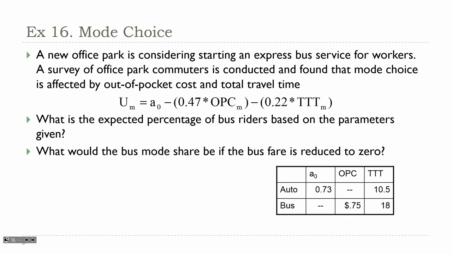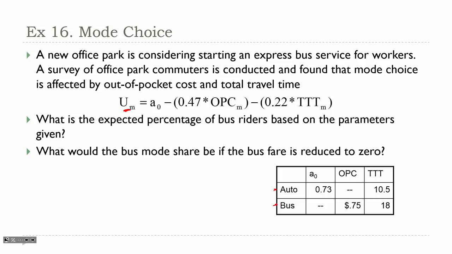So this example was looking at the office park where they're trying to estimate the percentage of bus riders based on, are they going to drive their own car, or are they willing to take the shuttle bus? And so we have this equation, our utility equation.